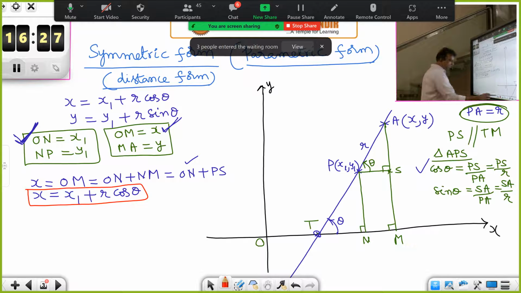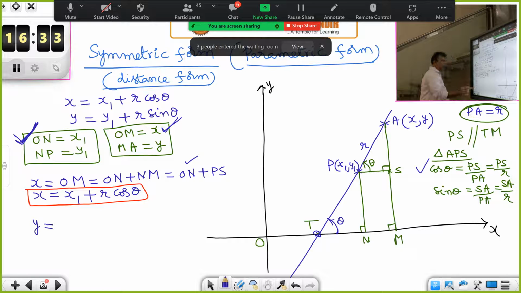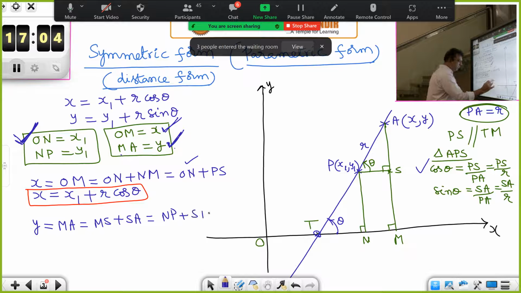Now similarly we'll start with y. Now y is equal to, what is y, Tanmay? y is equal to MA. See the diagram. y is equal to MA. MA, is it not MS plus SA? Yes, sir. MS, is it not NP? Yes, sir. From the rectangle NMSP, MS is NP. NP plus SA. Now NP, is it not y1?